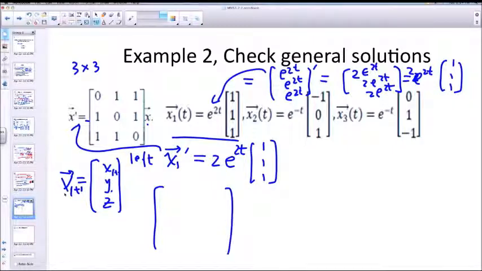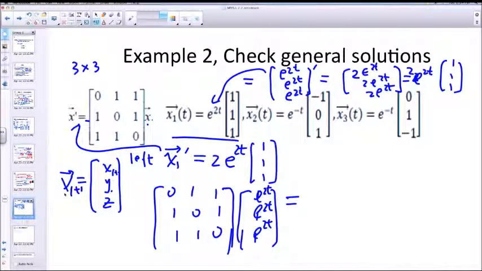On the right hand side, you need to multiply this e to the 2t, 1, 1, 1. Maybe you are not used to that. Let me just multiply this e to the 2t, e to the 2t to see what you get: 0, 1, 1.